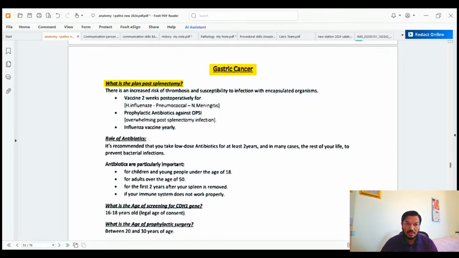After splenectomy, there is an increased risk of thrombosis, as with other surgical procedures, and susceptibility to infection with encapsulated organisms.